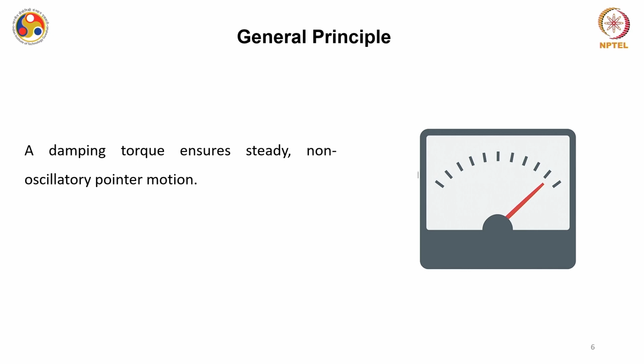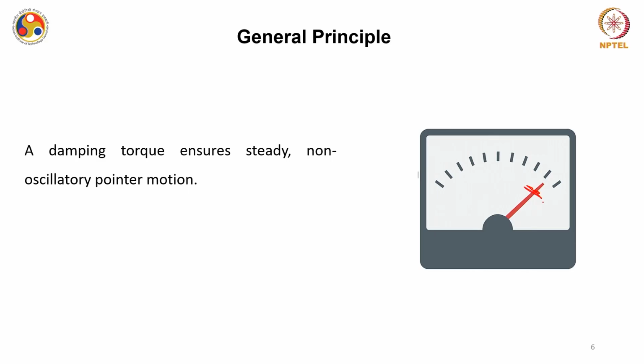Now, there is a need for a damping torque also. A damping torque ensures steady, non-oscillatory pointer motion. To avoid any kind of oscillation, as you might have seen in vehicles also, we provide some damper.